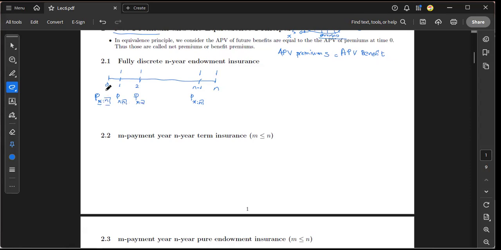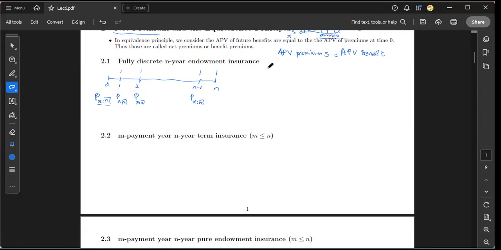But in here, the condition is that the policy holder has to survive at this point to pay this premium. That means if they survive, this is the first payment. If they survive, we have another payment. If they survive, we have one more payment like that. It goes up to the beginning of the last year. So this is the endowment present value.